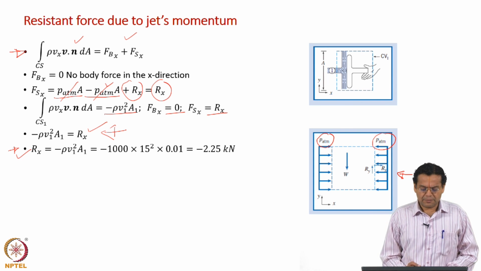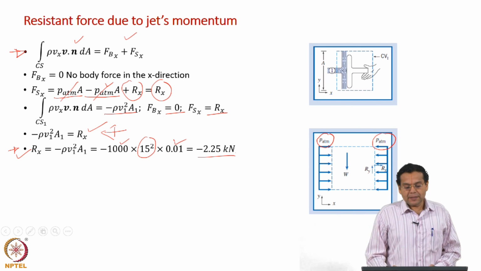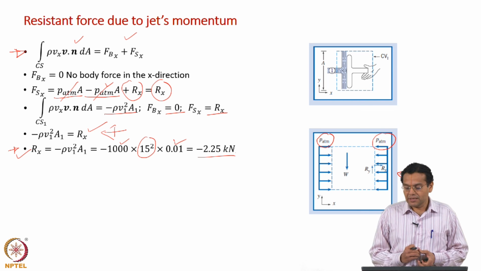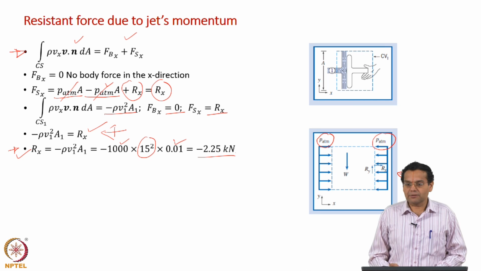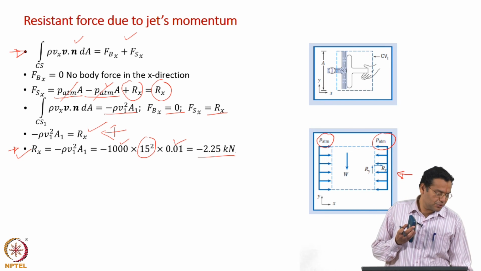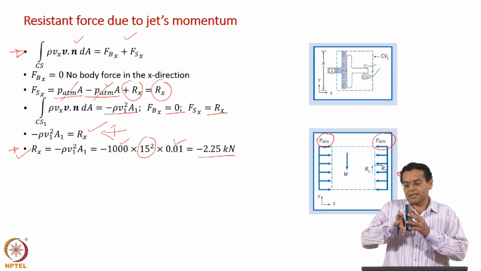Now, just substitute rho is 1000 for water, jet velocity was 15 meters per second, the area was 0.01, giving us minus 2.25 kilonewton. To begin with, we said the x component of force acts along the positive x axis, but now we have a plate, and even by intuition we can feel the water jet hitting it and we are applying a reaction force.